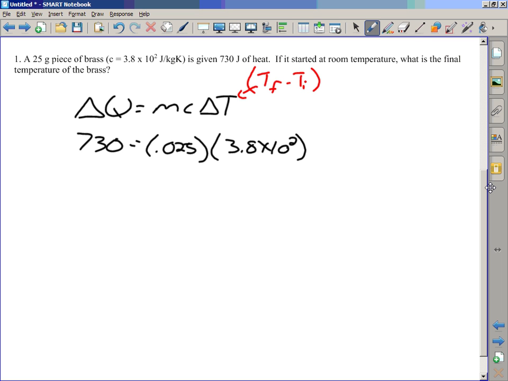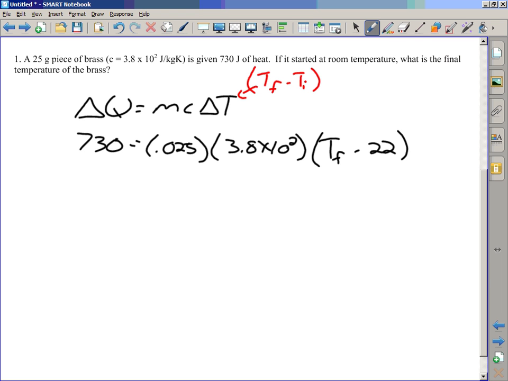So, room temperature is about what, somebody? Not 30. Not 18, kind of in between. 20, 22, somewhere in there is around room temperature. We'll take 22. I'm looking for its final temperature minus 22.